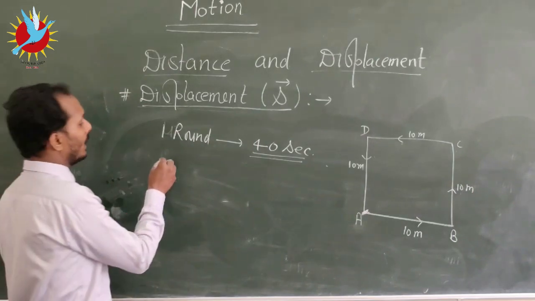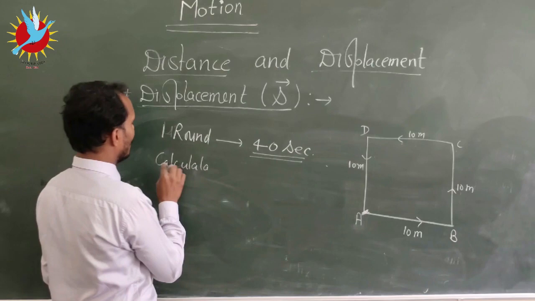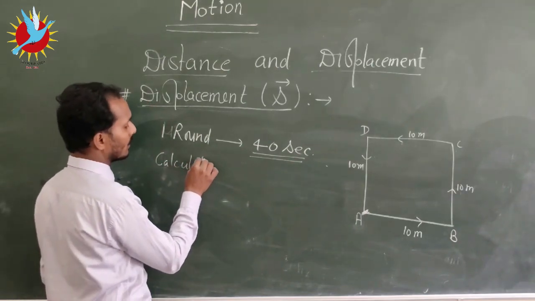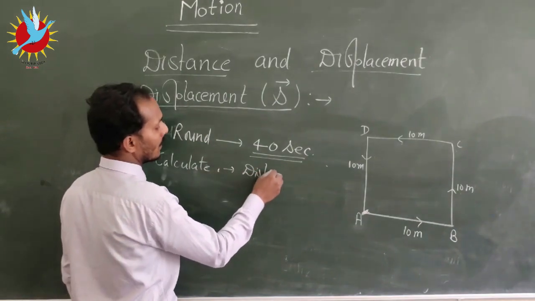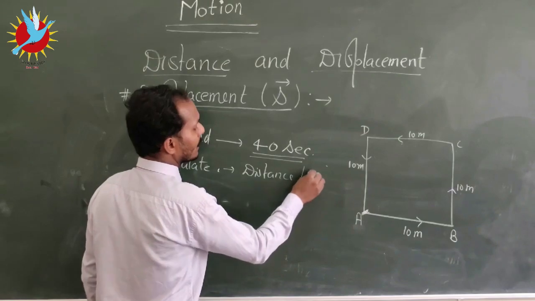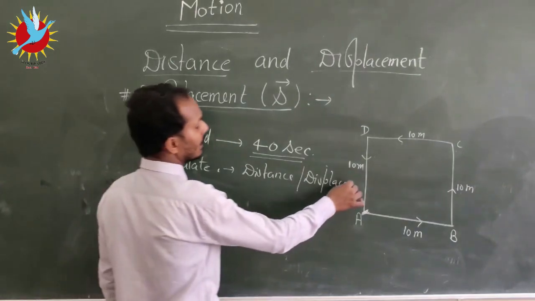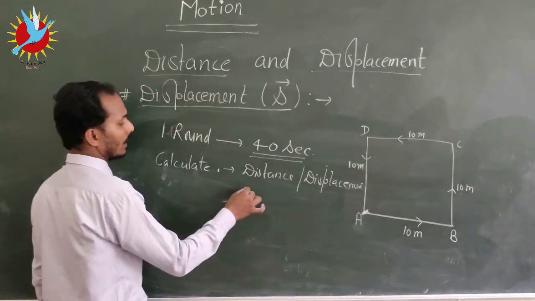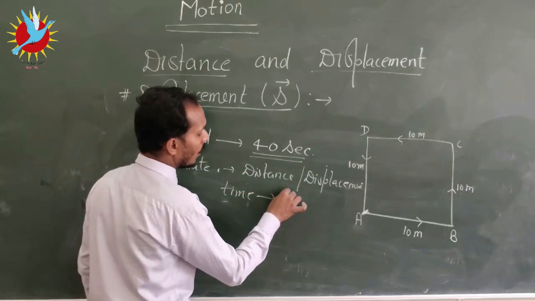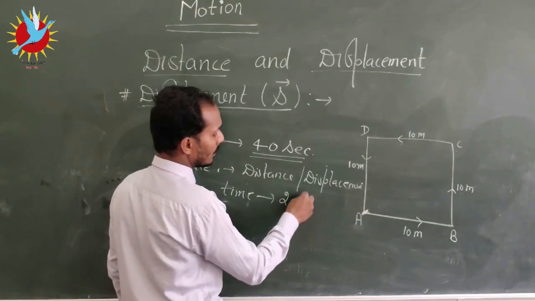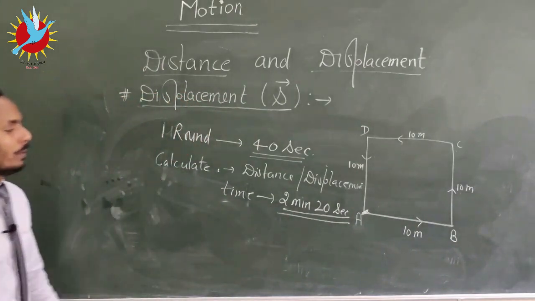Then calculate the distance and displacement if he walks for 2 minutes 20 seconds.